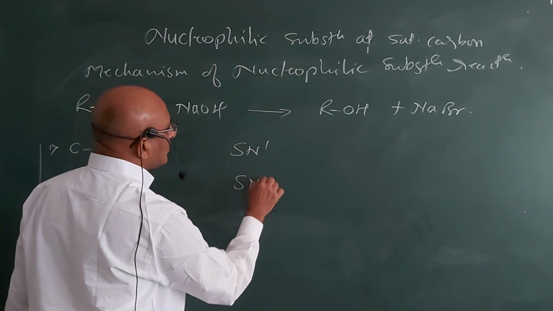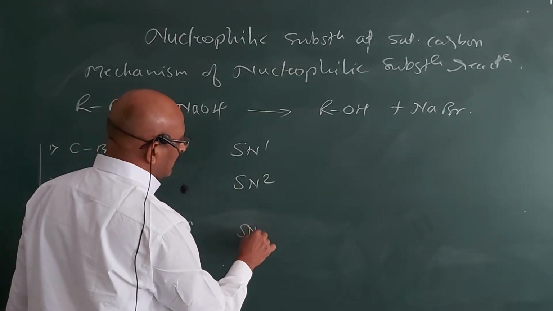So whether the C-Br bond breaks first or the C-OH bond forms first, this is the main thing that we want to study, and that is nothing but the mechanism, that is the stepwise discussion of the reaction. And so in this way, we want to deal with the different types of mechanisms, that is SN1, SN2, and then SNi.